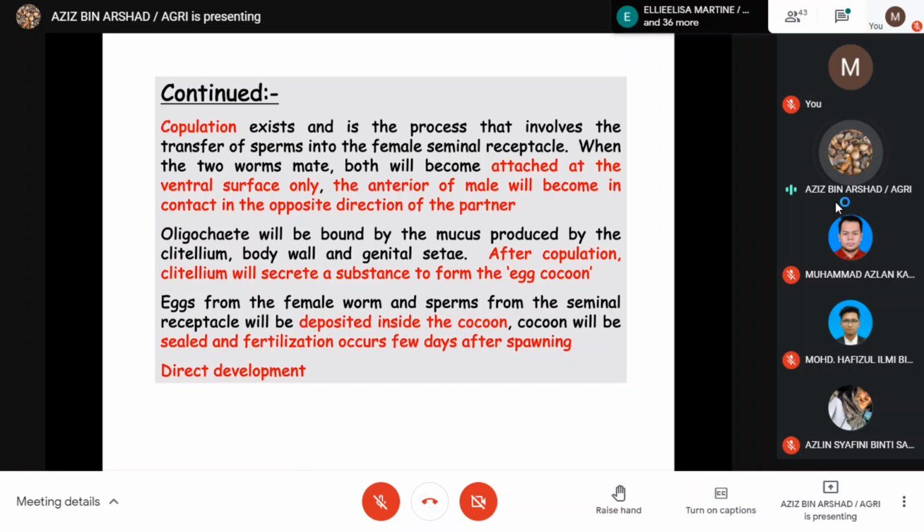When the two worms mate, they become attached at the ventral surface. The anterior of the male will come in contact in the opposite direction. Mucus is produced by the clitellum, body wall, and genital setae. You see the picture before this.